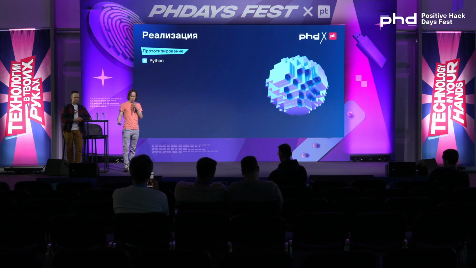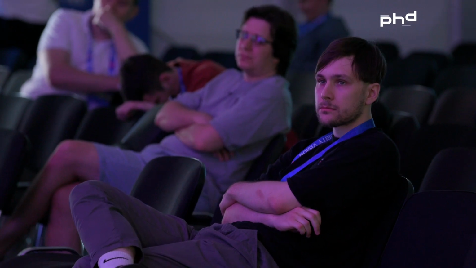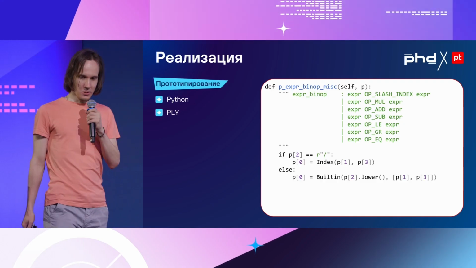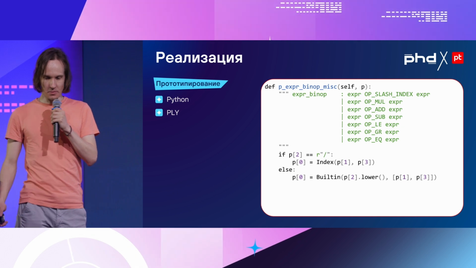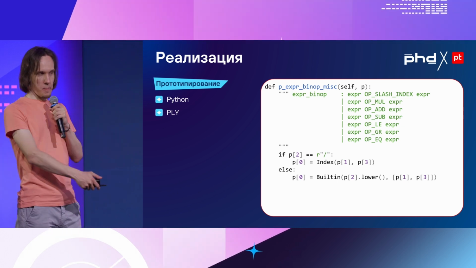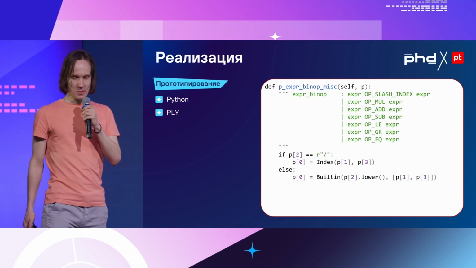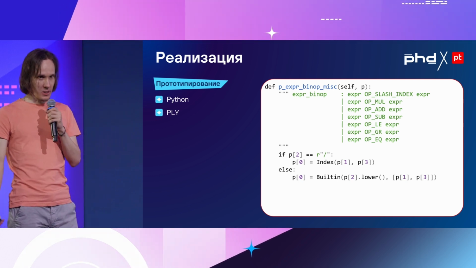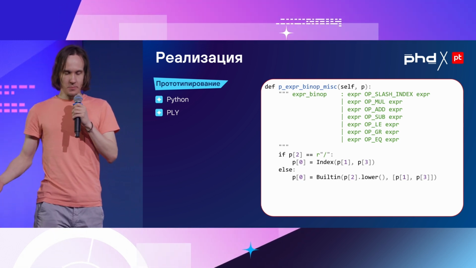And there are several interesting points in it. So what else can you have in a compiler written in Python? The parser was written like this.